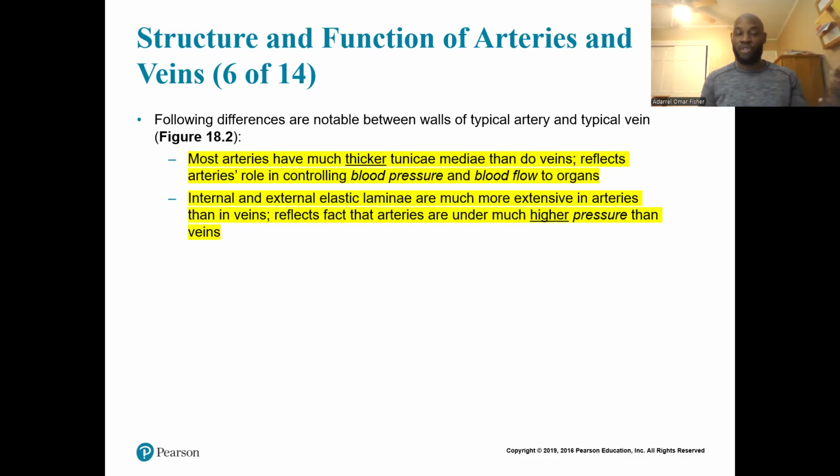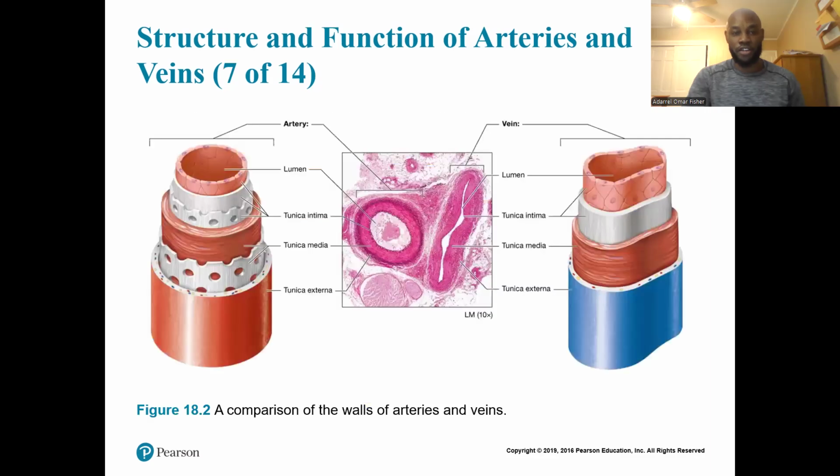So because arteries are under higher pressure, their elastic laminae are much more extensive. And because arteries can control blood pressure and blood flow, their tunica media, their smooth muscle layer, is thicker. Right? So that is artery compared to vein.